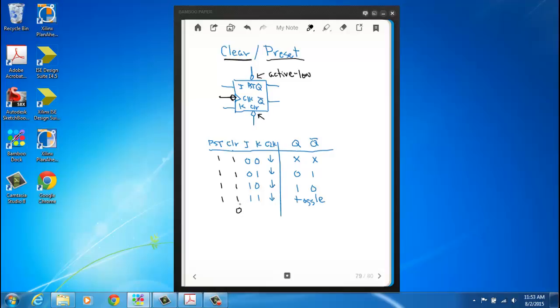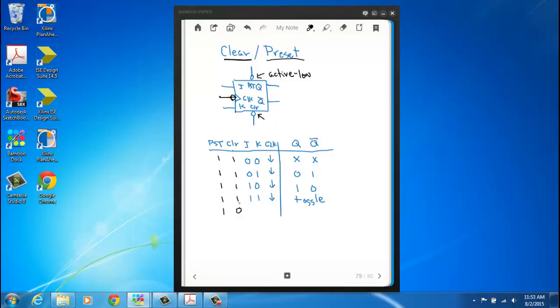If we activate clear, we do not want to activate preset, because clear will make the Q output go to 0 no matter what the other inputs are equal to. And preset, when it's activated, will make the Q output go to 1 no matter what the other inputs are equal to.